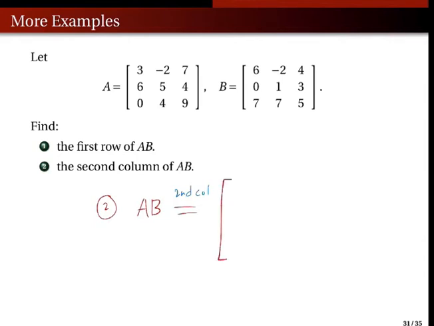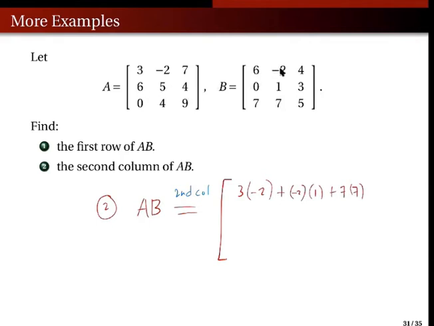That means you are gonna multiply each of the rows from A to the second column of B. So first row, multiply to the second column: 3 times negative 2, we already had this in the first problem, and then negative 2 times 1, and then 7 times 7. So that's first row, second column.